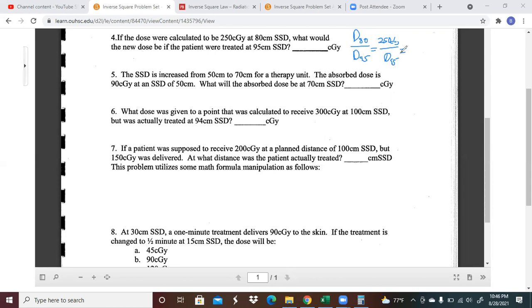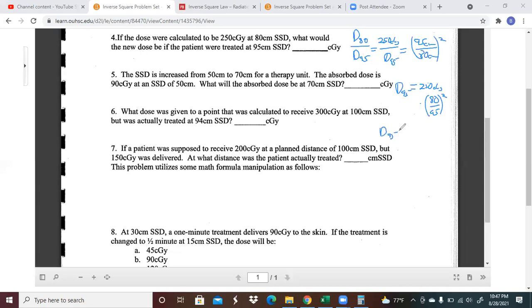So that would be 250 centigray divided by the dose at 95. And that would end up equaling 95 cm divided by 80 cm squared. So the dose at 95 would end up equaling 250 centigray times, rearranging this equation would be the reciprocal, 80 divided by 95 squared.